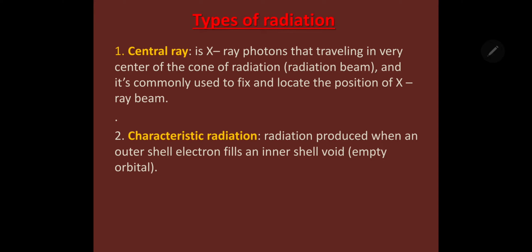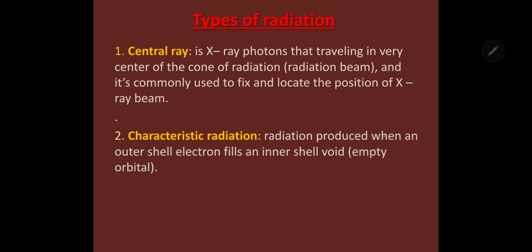Types of radiation. Central ray is the X-ray photon that is traveling in the very center of the cone of radiation, and it's commonly used to fix and locate the position of the X-ray beam. Characteristic radiation.